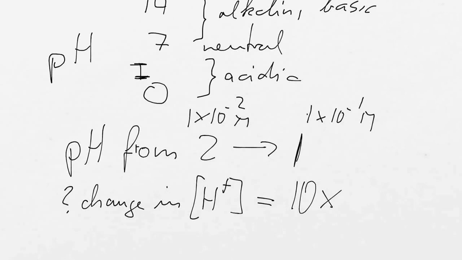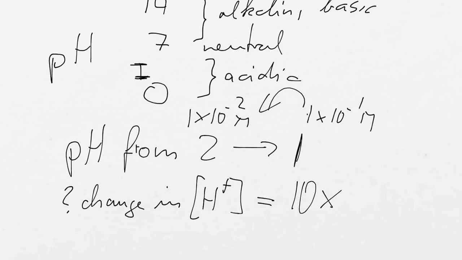So how often do you have to multiply 10 times 1 times 10 to the minus 1 to get to this one? The answer is 10 times. So a change of 1 unit on the pH scale actually changes your proton concentration by a factor of 10.